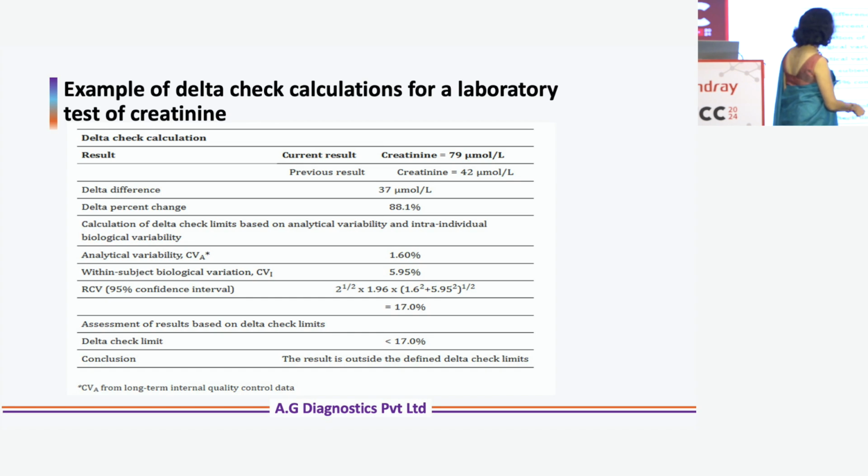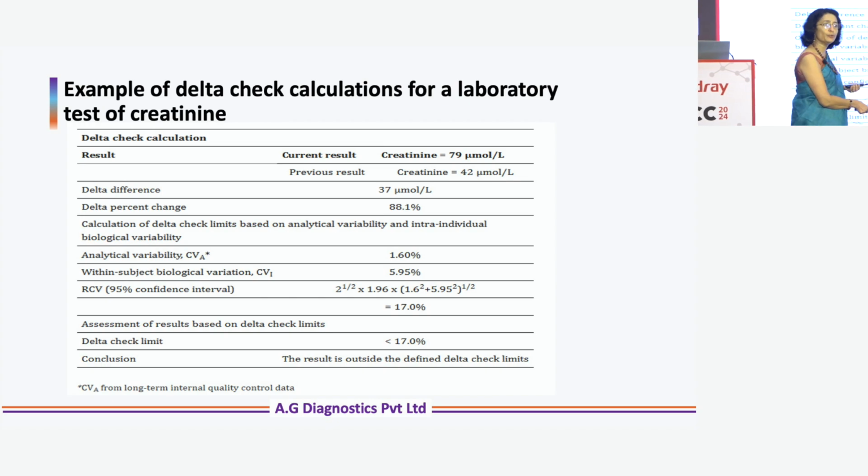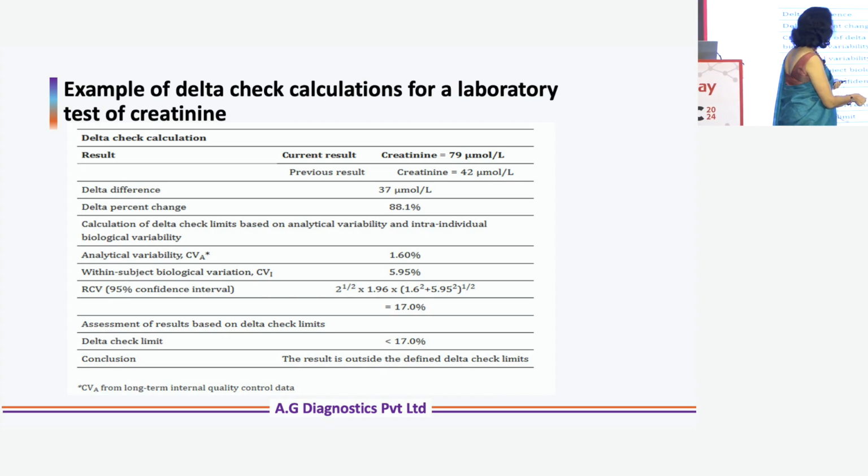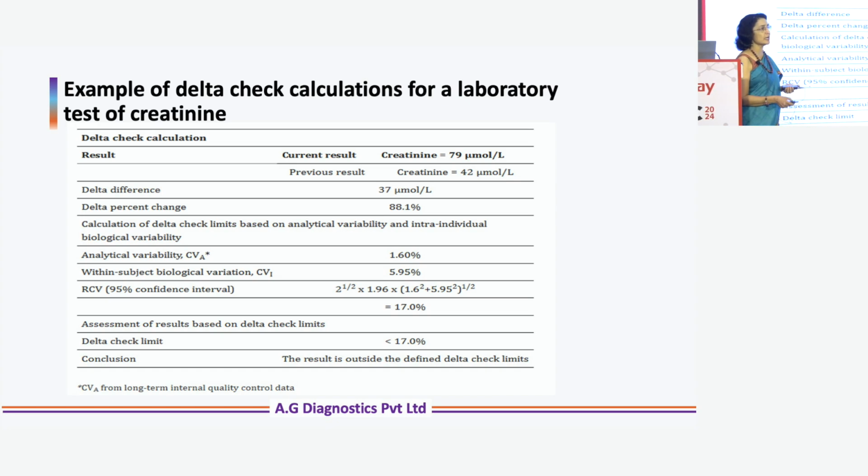The delta check limit is 17%. So conclusion, the result is outside the defined delta check limit. Your delta check limit had to be within 17%, whereas here the delta percent change is 88.1%. So this result cannot be included in your auto verification.